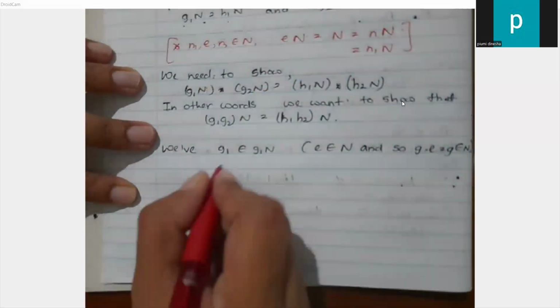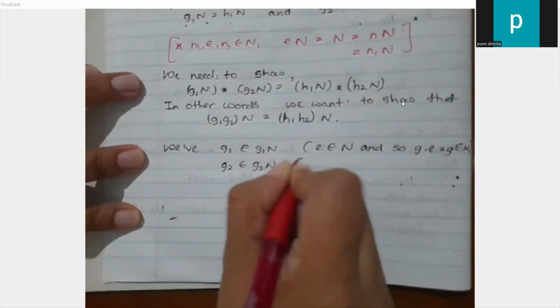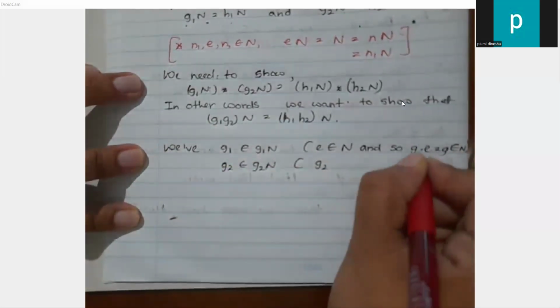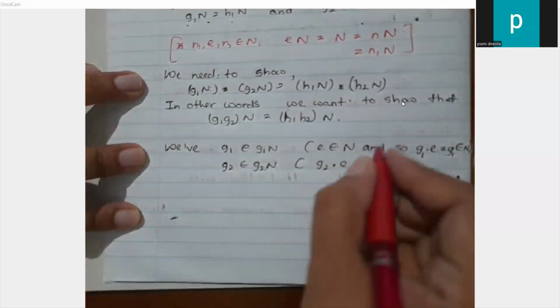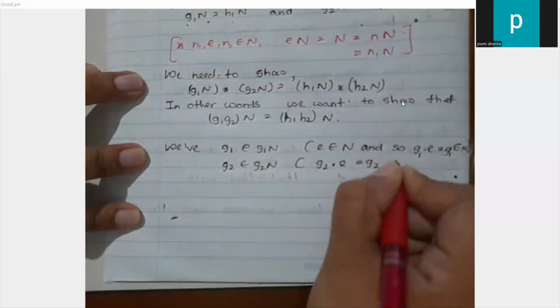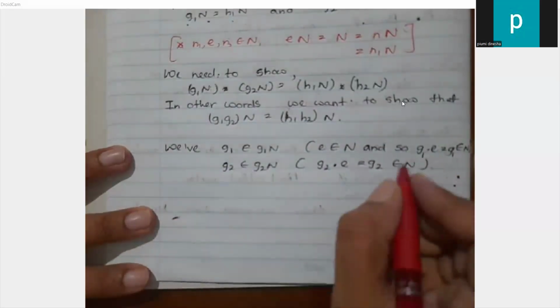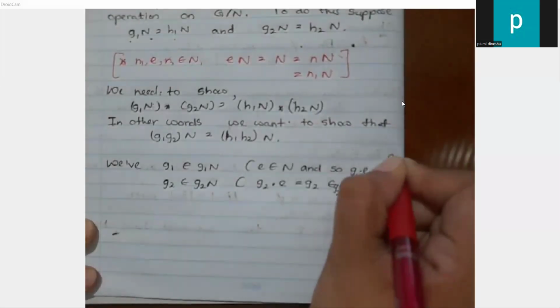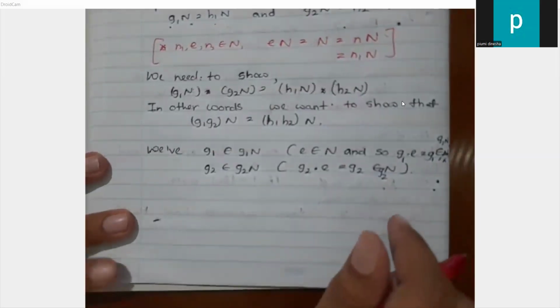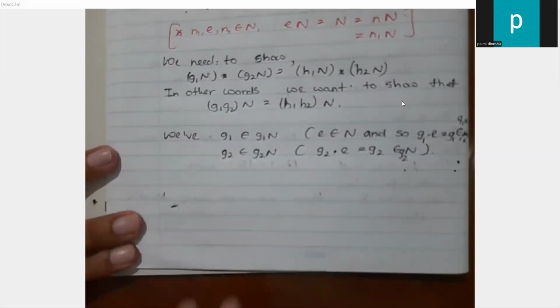And then similarly, g2 is also in g2N, because g2 times the identity, which is an element in N, is equal to g2, and must be in g2N. Not in N, sorry. Not necessarily in N. g2 must be in the left coset g2N, okay?